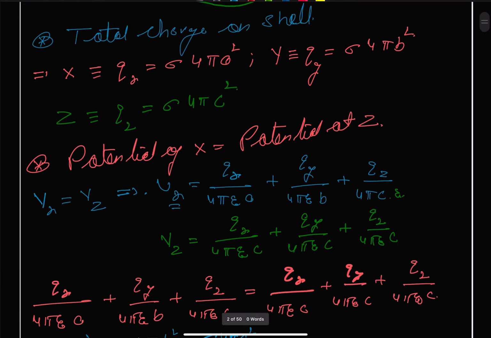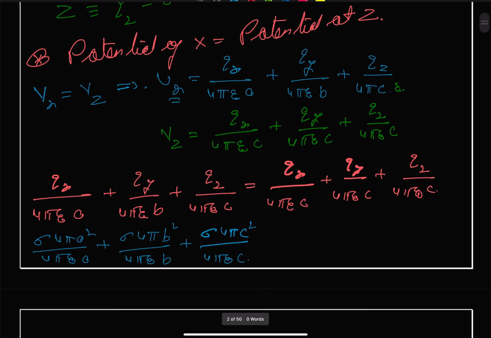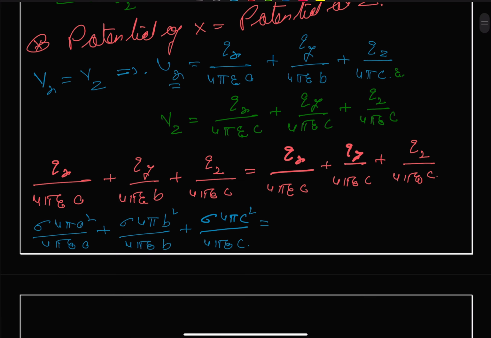And similarly on the right side, we are going to get sigma 4 pi a square upon 4 pi epsilon naught c plus sigma 4 pi b square upon 4 pi epsilon naught c plus sigma 4 pi c square divided by 4 pi epsilon naught c.